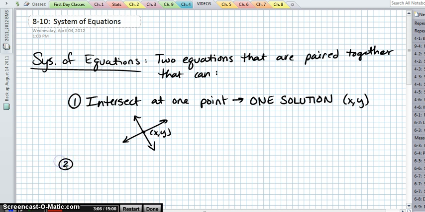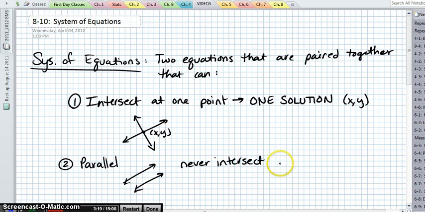Or, as I said, you could have two lines graphed that are parallel. Maybe they look something like this. So they never intersect. They don't have any points in common that make both of them true at the same time. So there are no solutions.